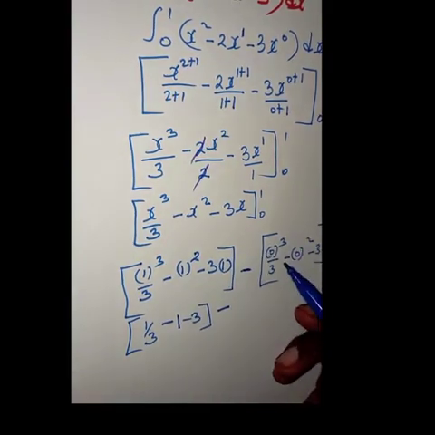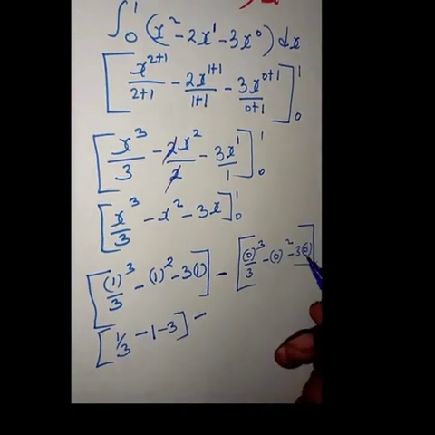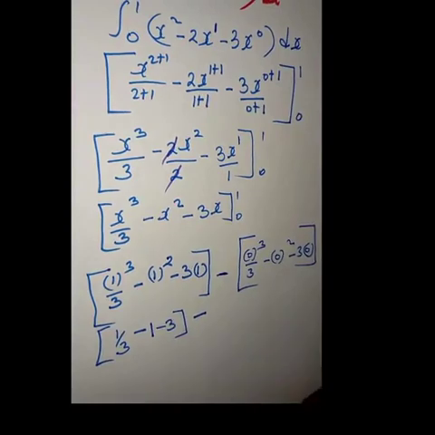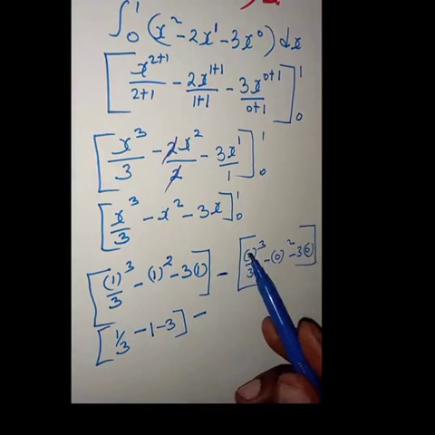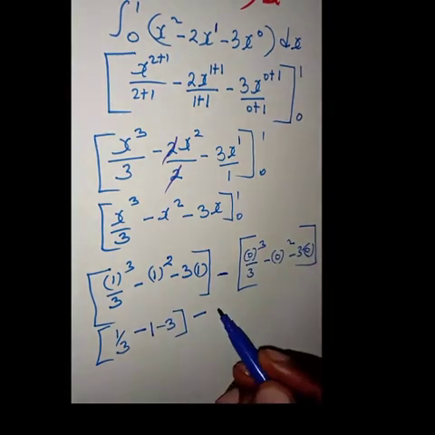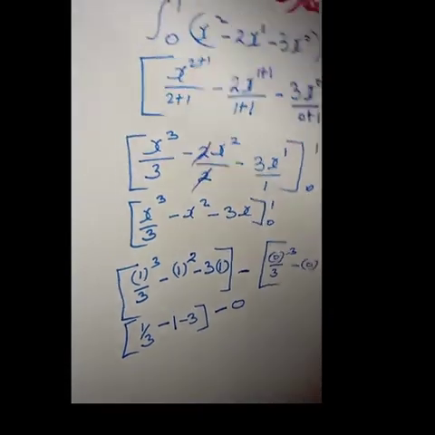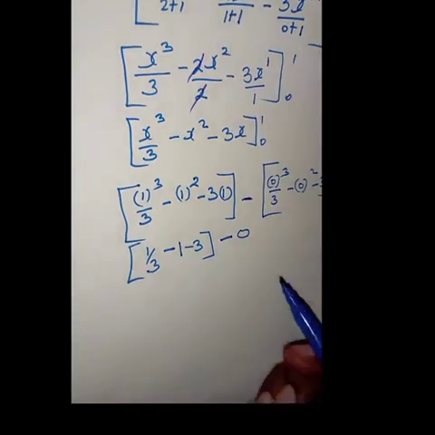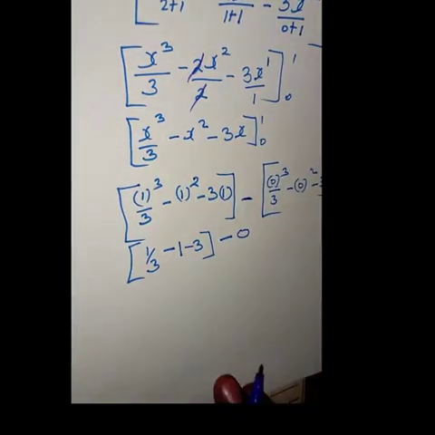These are all just zeros. No matter how many times you simplify, it gives you a 0. So this will be 0 minus 0 minus 0, 0. Some people don't even write this because they know it will be a 0.